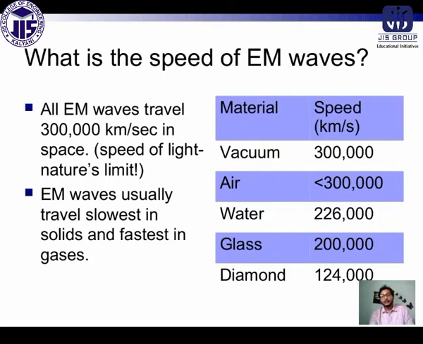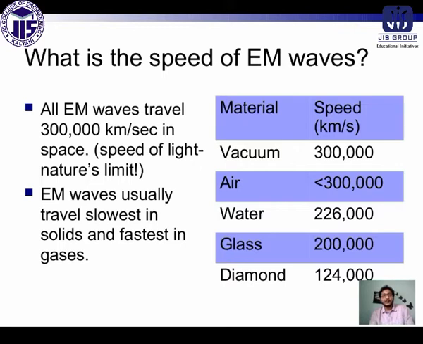So in different mediums, electromagnetic waves have different speeds. The maximum speed is in vacuum, and that speed is 3 lakh kilometers per second, or we can say 3 into 10 to the power 8 meter per second.